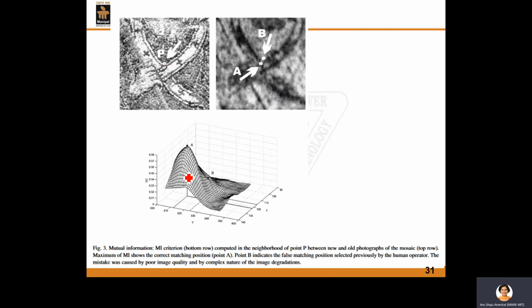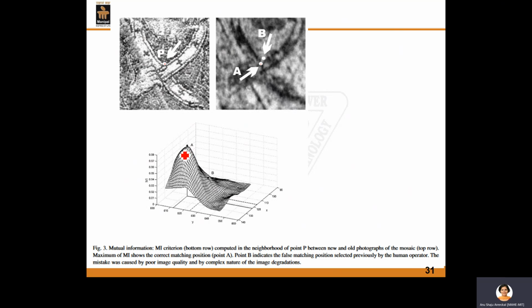So mutual information helps us identify which point is matching the point we have been considering, or which is the matching pair of points. Basically, it tells us the probability that the two points we are considering have come from the same source, or from the same distribution.